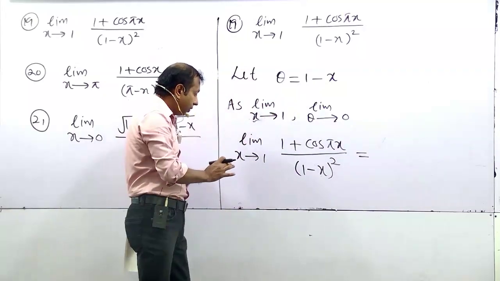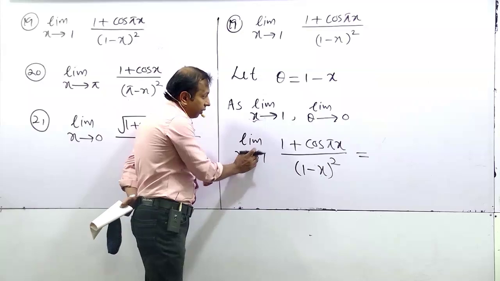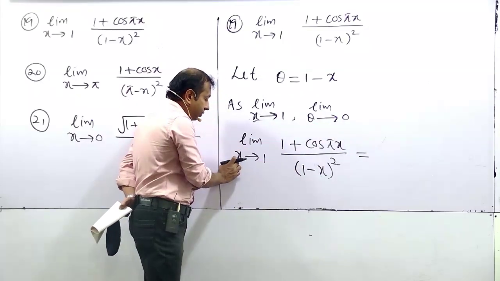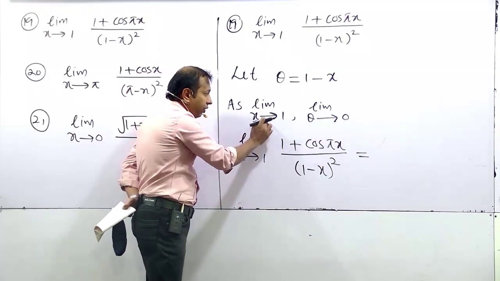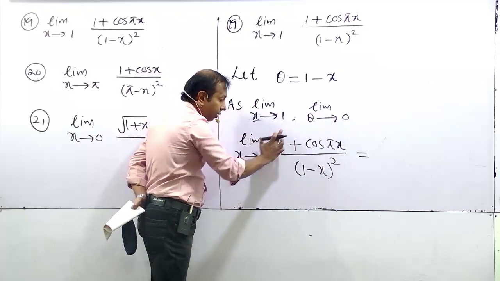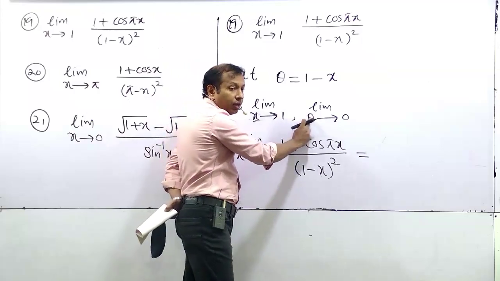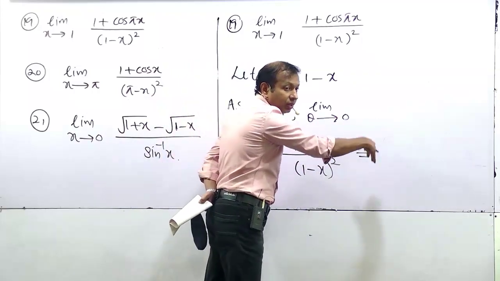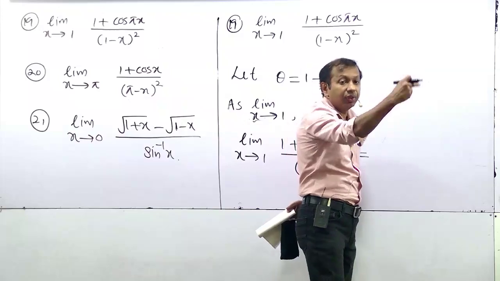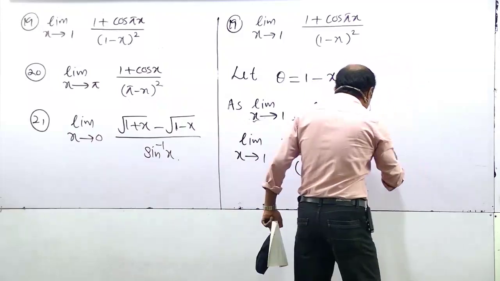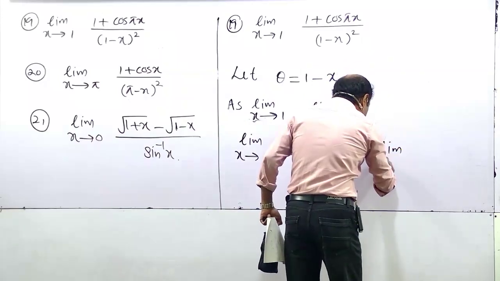We found that as x goes to 1, theta goes to 0. Then the right hand side we write as limit theta going to 0, because we are supposed to write the right hand side now in terms of theta.